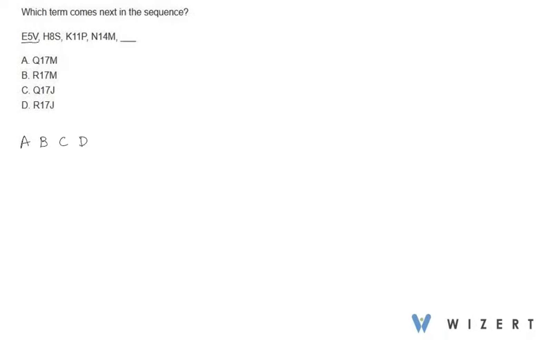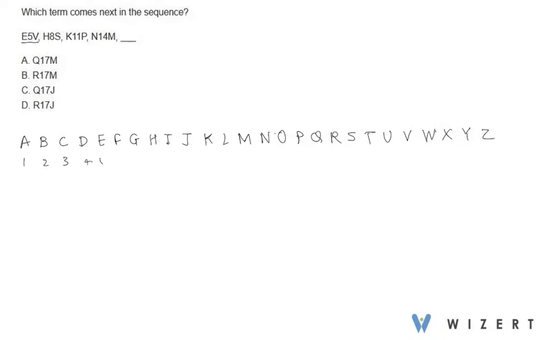A, B, C, D, E, F, G, H, I, J, K, L, M, N, O, P, Q, R, S, T, U, V, W, X, Y, and Z. So that will be 1, 2, 3, 4, 5, 6, 7, 8, 9, 10, 11, 12, 13, 14, 15, 16, 17, 18, 19, 20, 21, 22, 23, 24, 25, 26.